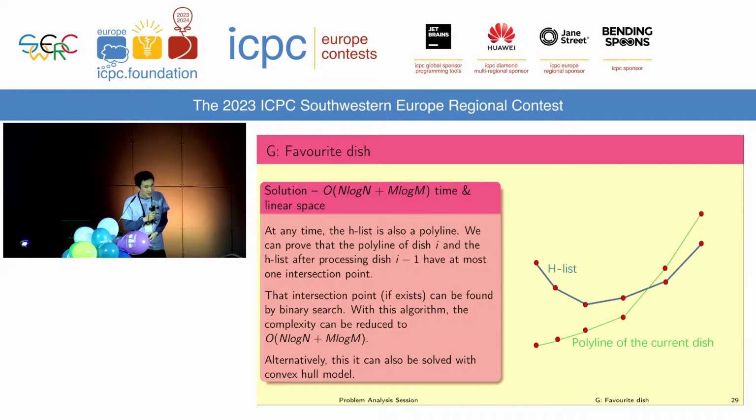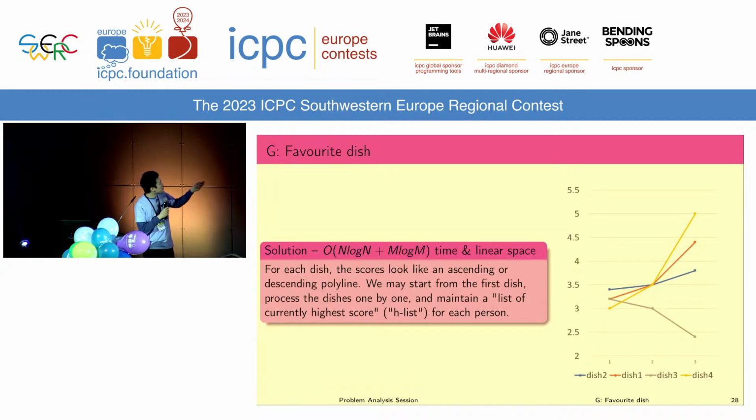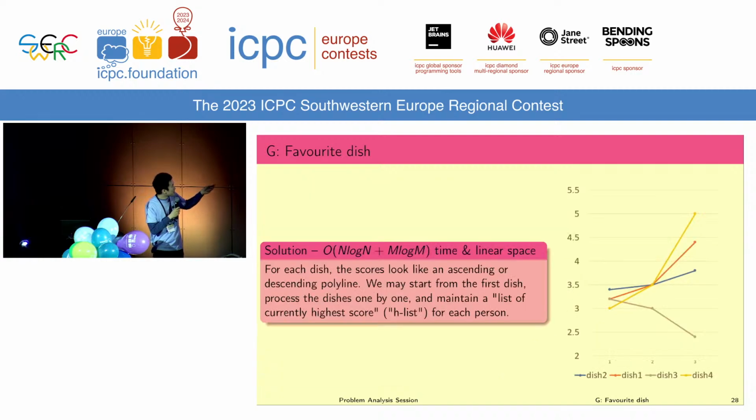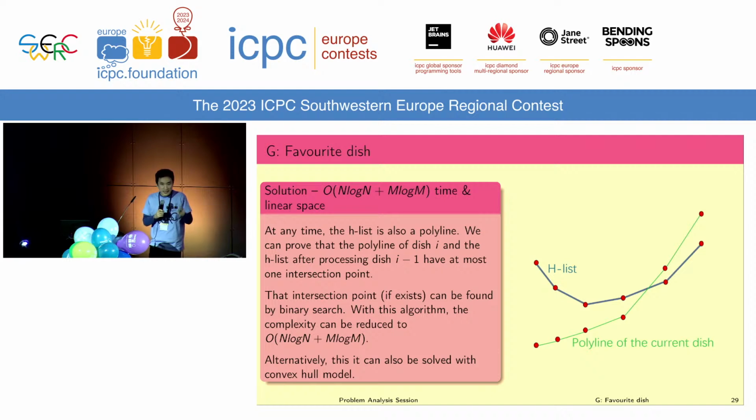And then we maintain a list of the current highest score. So we add the polylines, I mean every dish, one by one. When we add a new dish, we update the H list, short for list of current highest score. How do we do that?